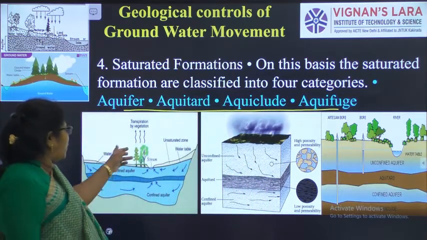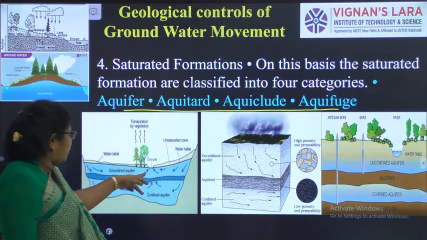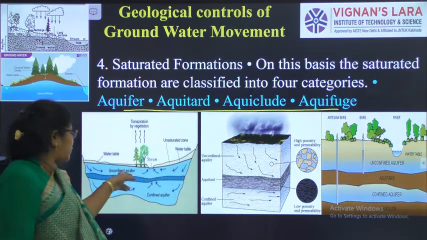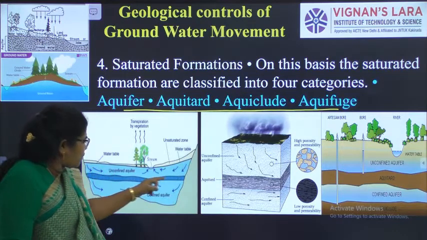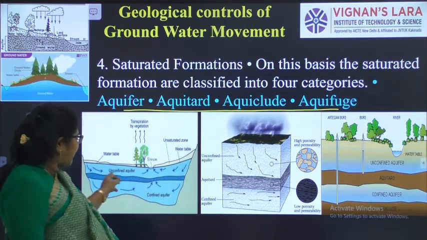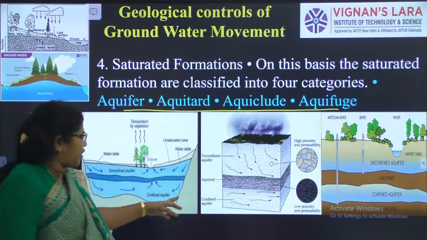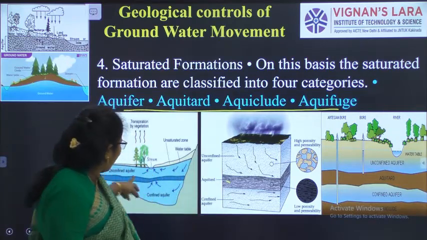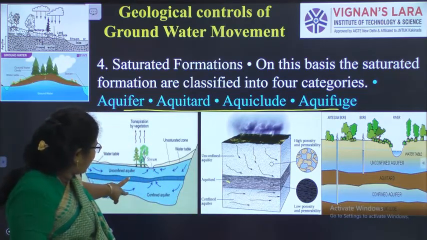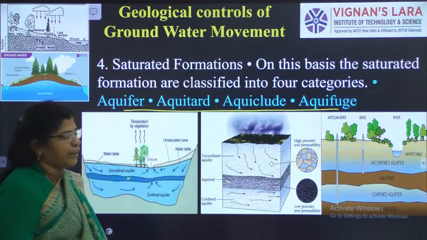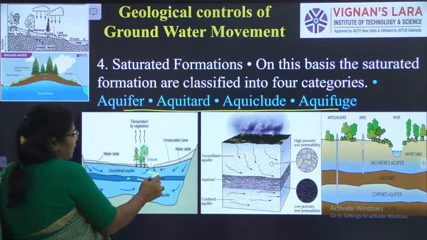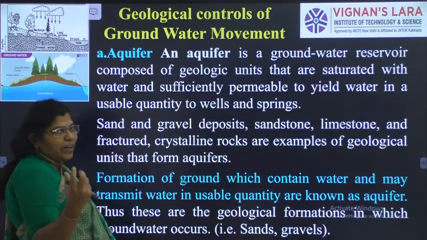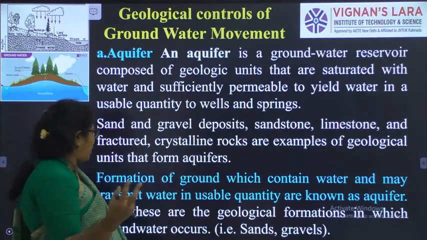Here you can see how the water flows. The first layer in the saturated zone is the unconfined aquifer. The aquifer forms a layer, and when it is confined between two dense layers, we call it a confined aquifer. This will have more water. The aquitard stores water but will not allow most water to go through.